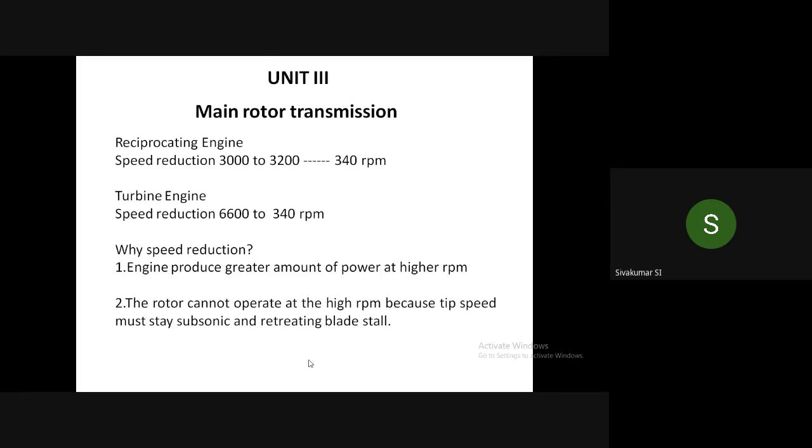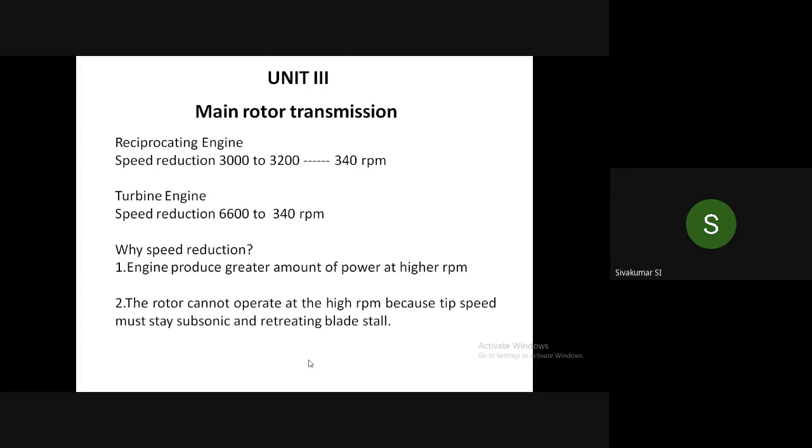So the thousands of RPM are reduced by the transmission system. The excessive power produced at higher RPM can be utilized for the main rotor and the tail rotor, but the same RPM cannot be transmitted to rotate the main rotor.